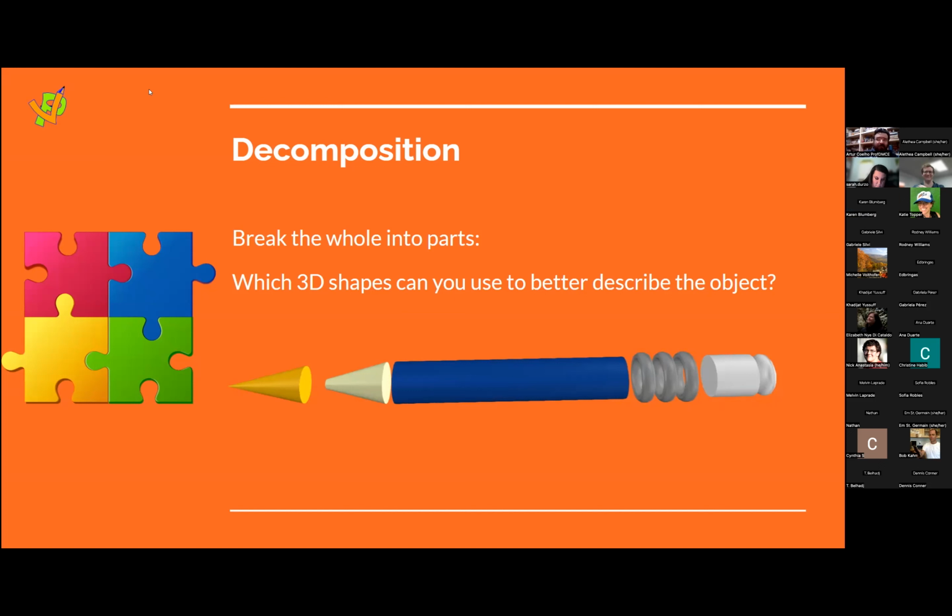And we have to decompose, we have to look at the whole and decide what is essential, what is not, what makes the object. I'm not using a pencil for example of this connection as a random example. It's just one of the projects I use with my students to make this more clear.